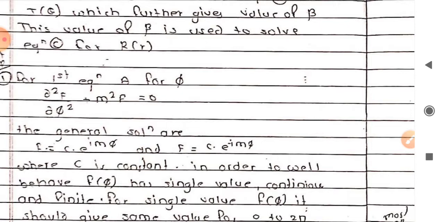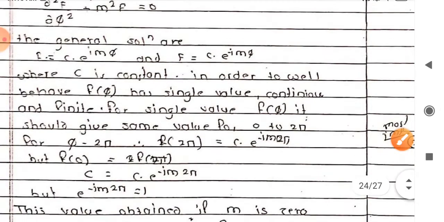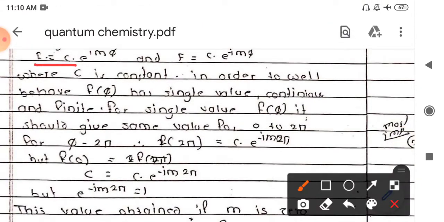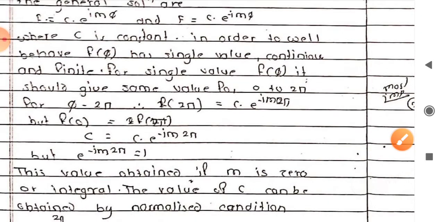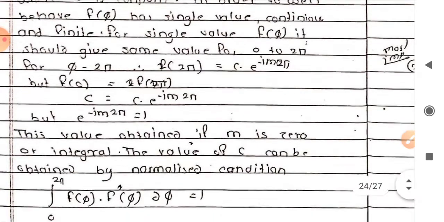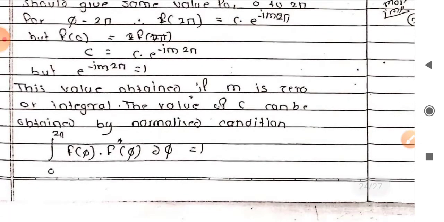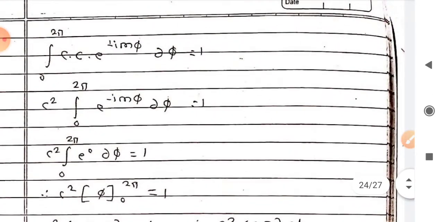We have to consider the R equation and see what type of variables its values depend upon. The general solution of the f equation is C into e raised to i m phi, and we obtain the constant C by imposing the boundary condition. Phi ranges from 0 to 2 pi, so we impose that condition, and once we have the value of the constant C, we put it into the normalization condition, psi star psi d tau.